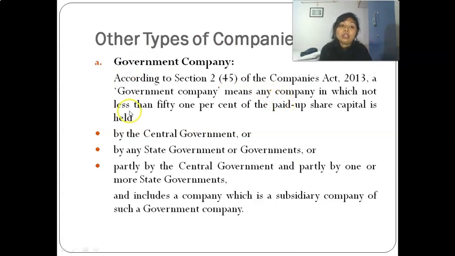in which not less than 51% of the paid up share capital is held by central government or by any state government or governments.